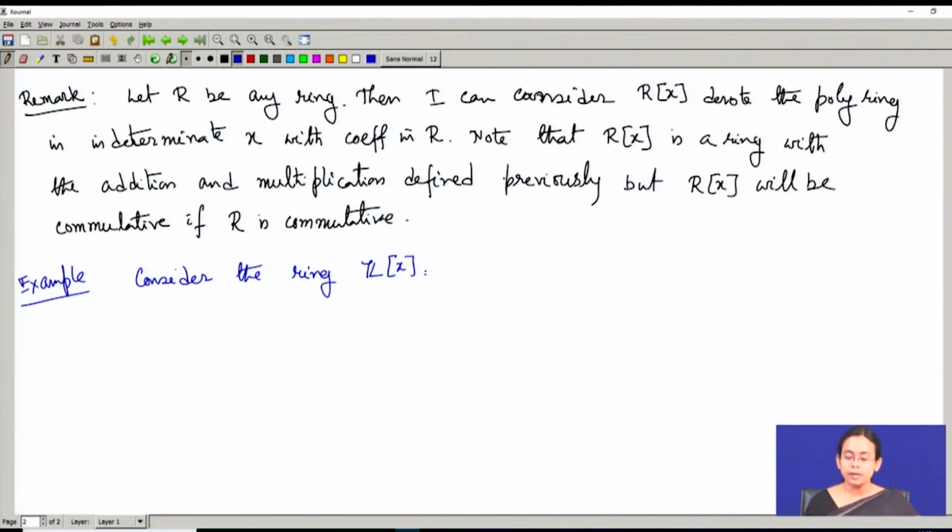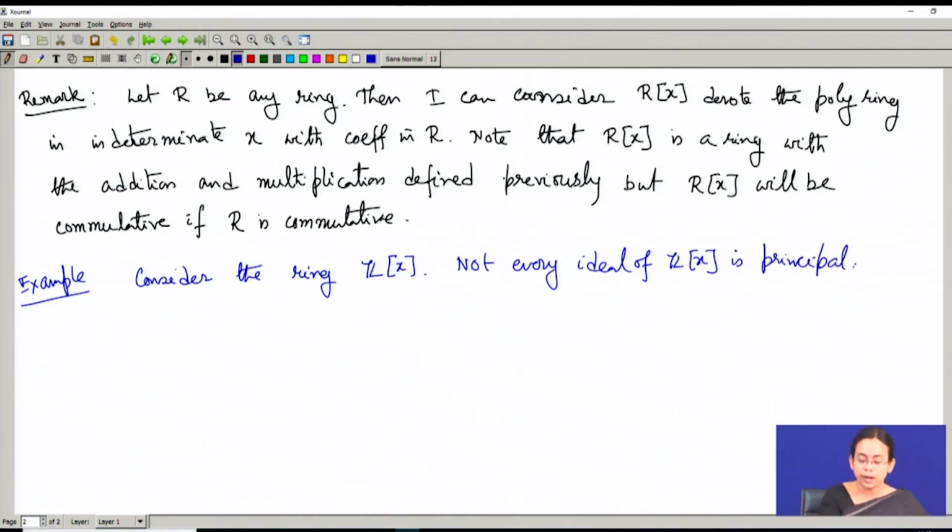Now, I would like to show that not every ideal of Z[x] is principal, that is, not every ideal is generated by a single element.